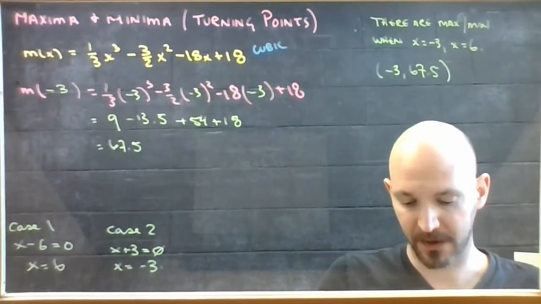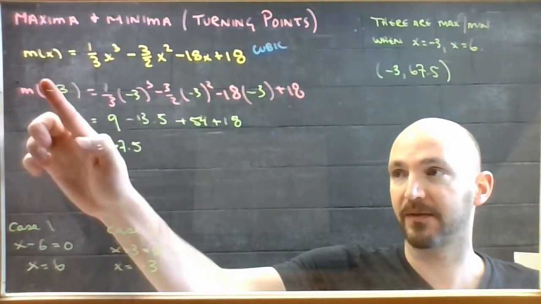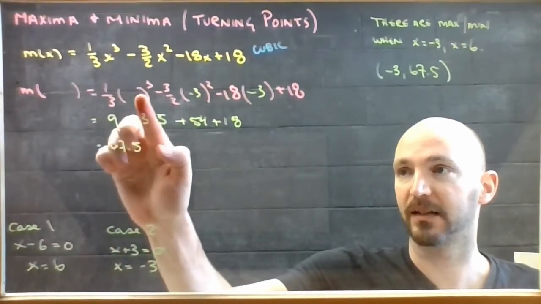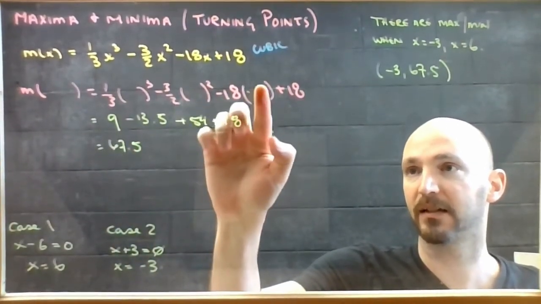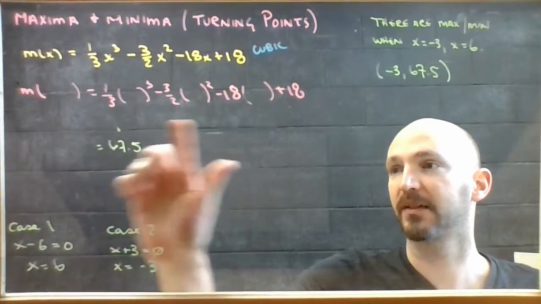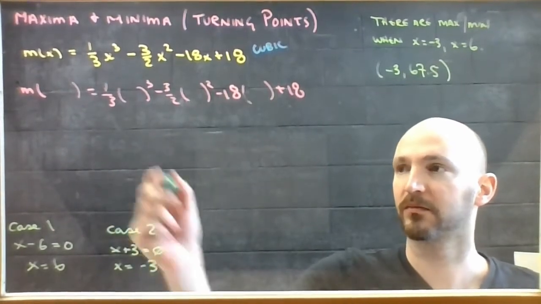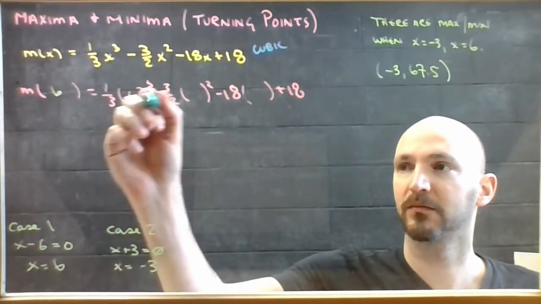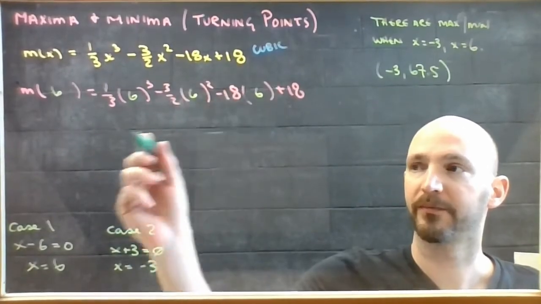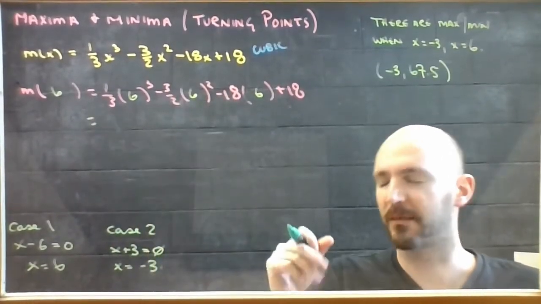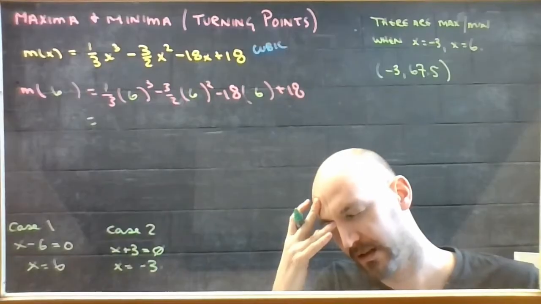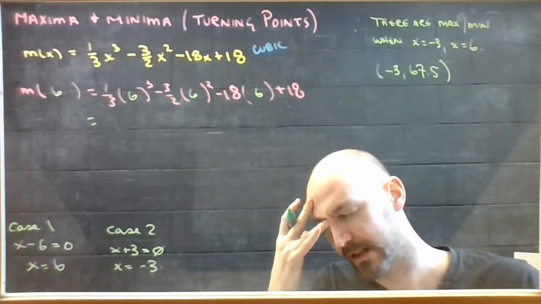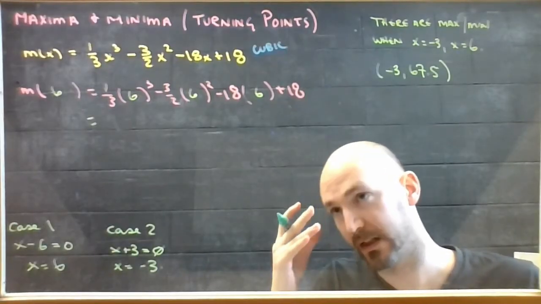I'm going to do the same thing, but I'm going to use my x value of 6 instead. That, and in goes my 6. Alright, 6 times 6 is 36, times 6 is 216, divided by 3.